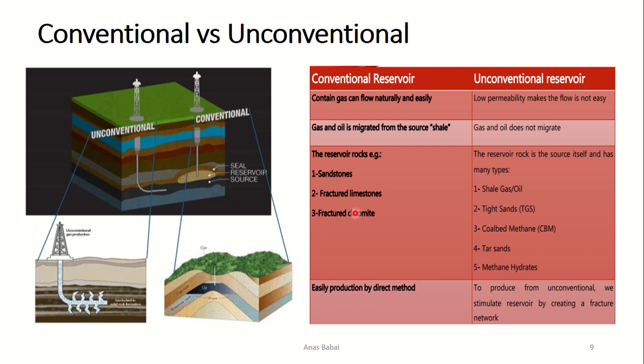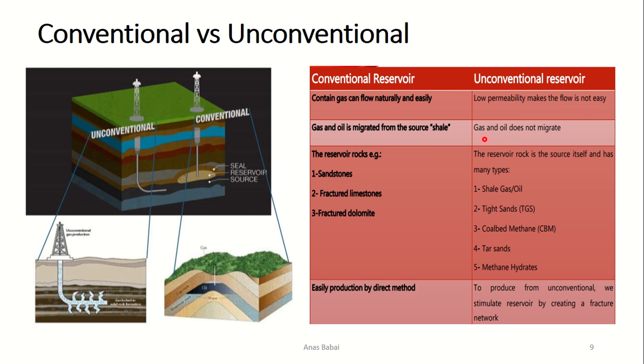This is a comparison between conventional and unconventional reservoirs. Conventional reservoirs contain gas that can flow naturally and easily. In unconventional, low permeability makes flow not easy, so we need to create permeability by fracking the reservoir. Gas and oil migrate from the source, which is the shale.